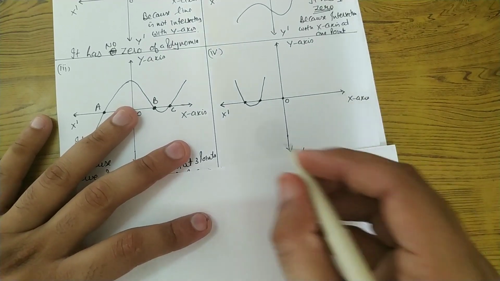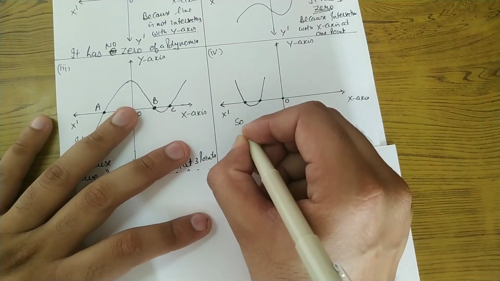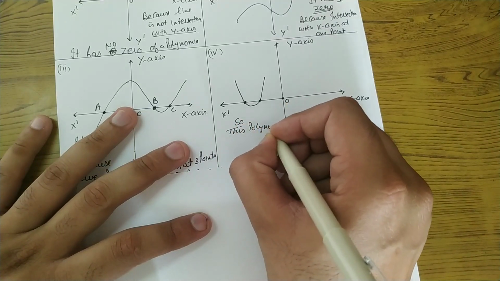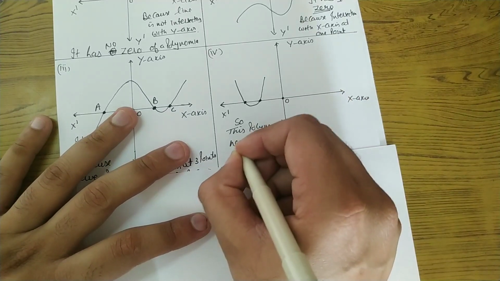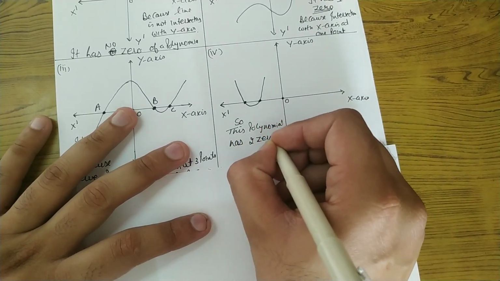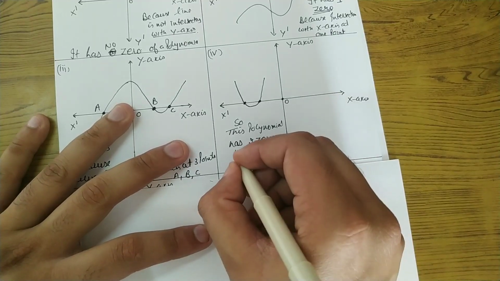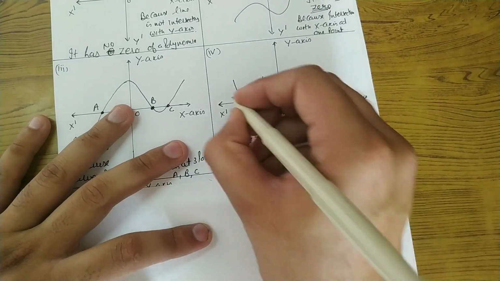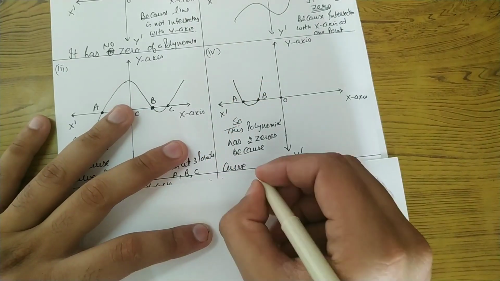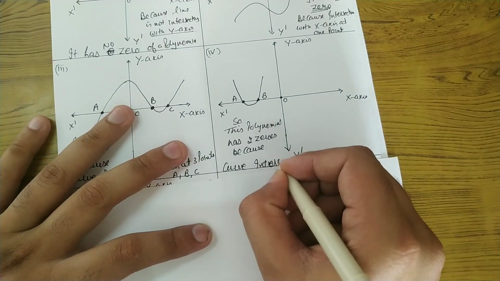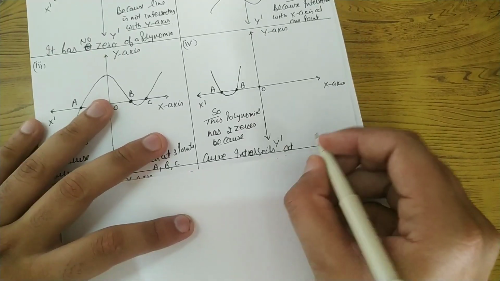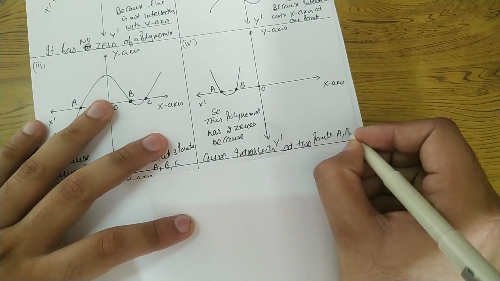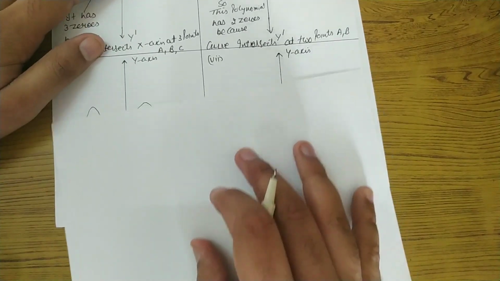So this polynomial has 2 zeros, because the curve, let A and B, intersects at 2 points A, B. Okay, hope you have understood all the things.